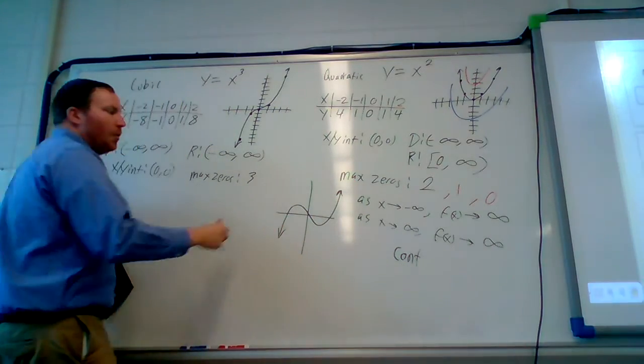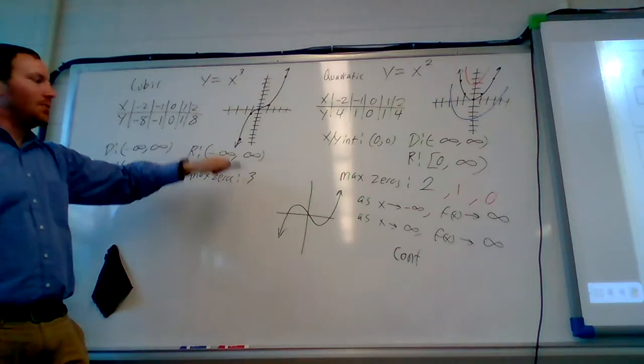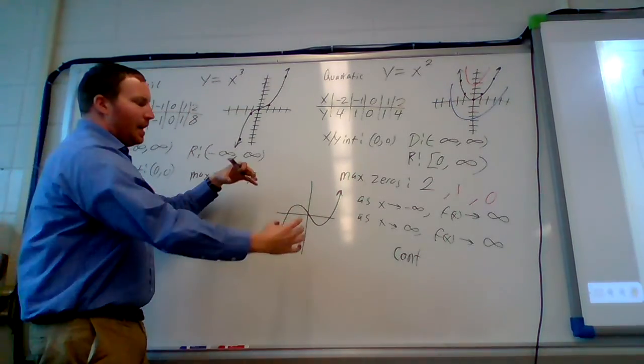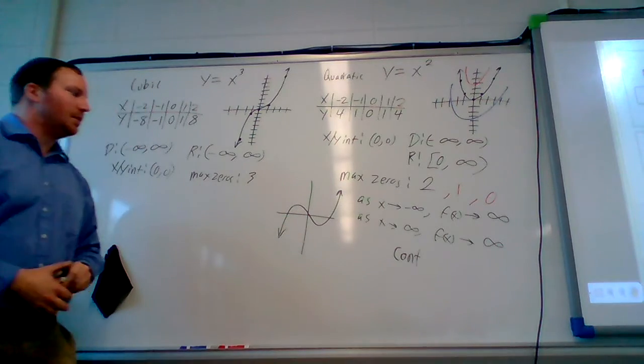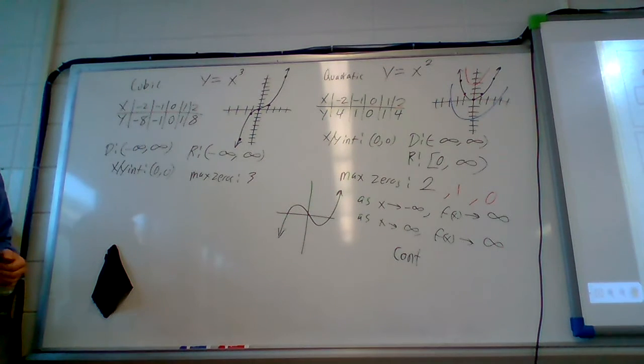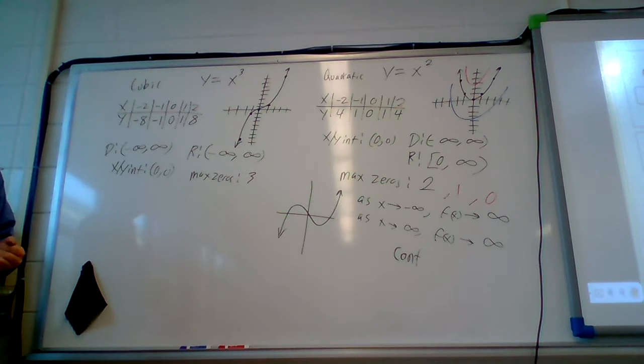Our endpoints mimic our parent function of that x cubed. So we can actually stretch out those parts and make some local minimums and local maximums. So we cross that graph where that x-intercepts being 3. So the x-axis is crossed 3 times.